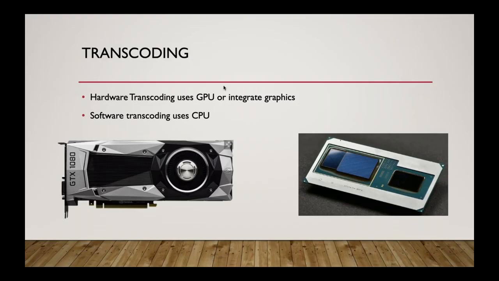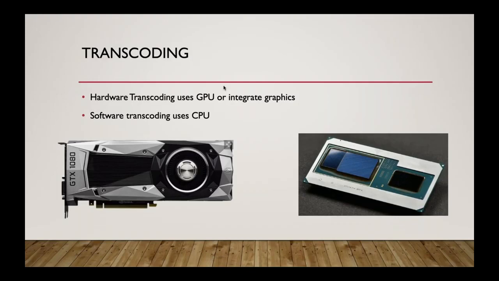The Wi-Fi may not be fast enough for, let's say, your 4K media. Transcoding can also lower the resolution and lower the bit rate so that you can play smoothly even when your internet's not that fast. So transcoding is an excellent feature, but transcoding takes computing power.